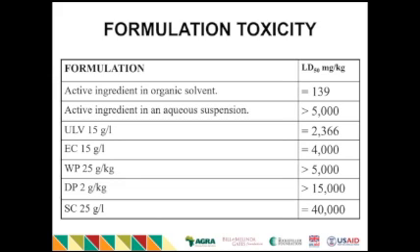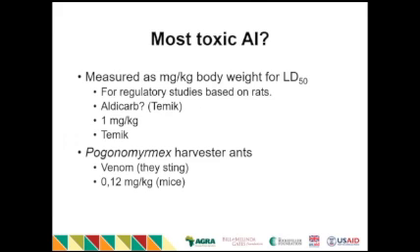And in some cases, it can be as drastic as changing from 139 to 40,000, which is a huge difference in toxicity between the active ingredient and the formulation. So one must not assume that because an active ingredient is very toxic, the product that is being sold is necessarily as toxic as that. And this is something people sometimes forget.